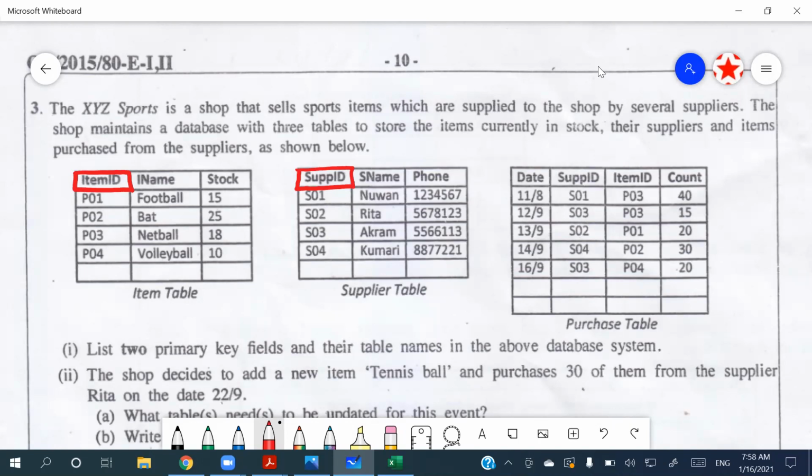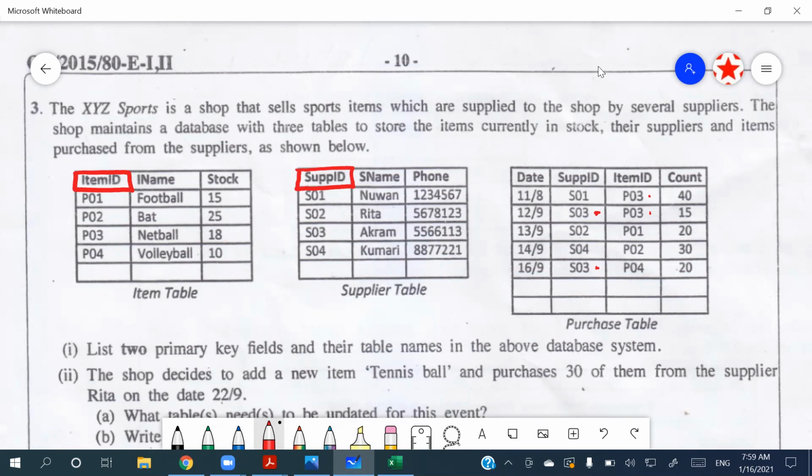Supplier ID, yeah, it is being repeated right over here, so it's not good for a primary key. And item ID, again, it is being repeated over here. And the count is also repeated here, and again it's not good for a primary key alone. So then we have to search for a composite one.